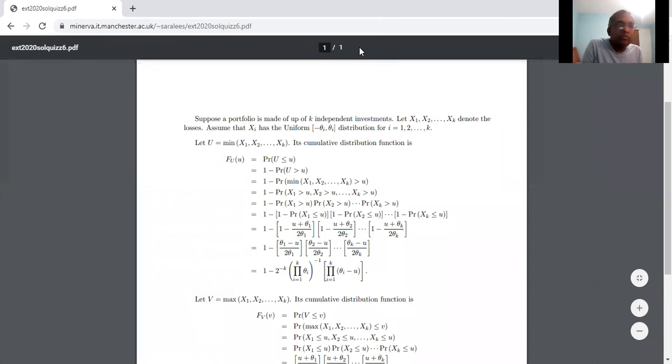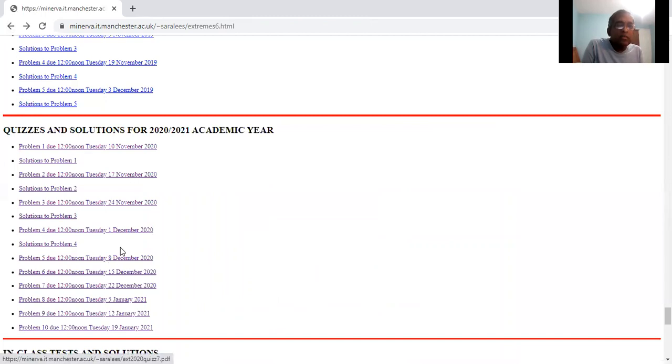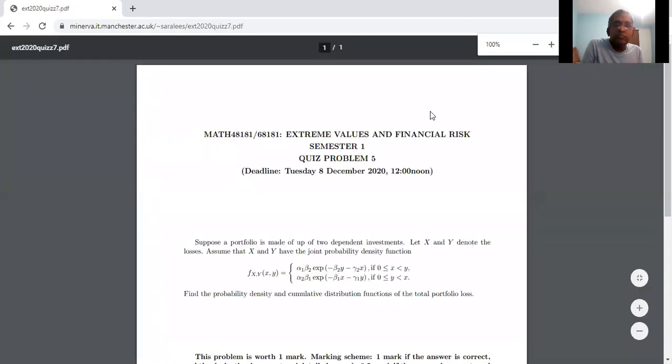All right. The next quiz is quiz 5, which is this one. Here you have two losses that have a joint distribution with the joint PDF given by this, and the question is to find the PDF and the CDF of the total portfolio loss.